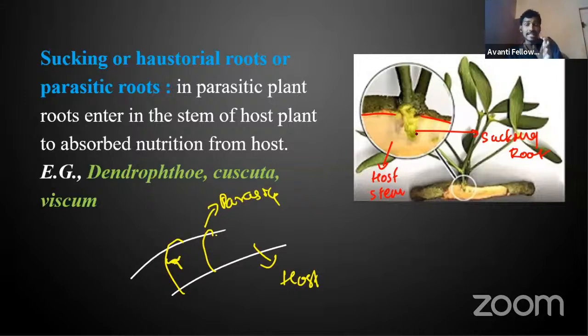It should penetrate up to xylem and phloem, right? If it is a partial parasite, a partial root or stem parasite, it can penetrate up to the xylem. That's enough. But if it's a complete parasite, then it has to reach up to the phloem. So it will normally reach up to the vascular bundles, the xylem and phloem, and they will take nutrition from there. That's why we call it sucking, because it's sucking the nutrition, or we also call it haustorial.